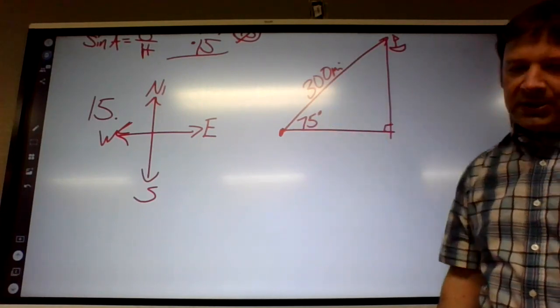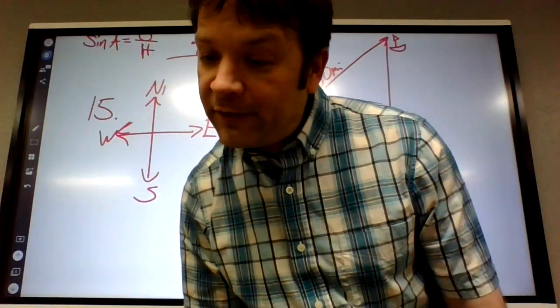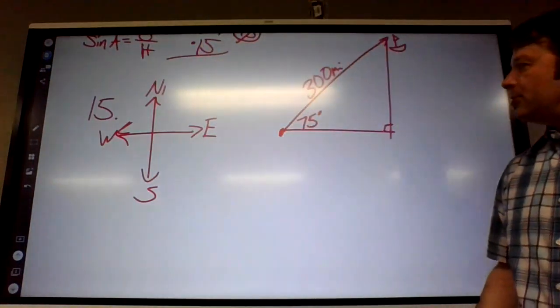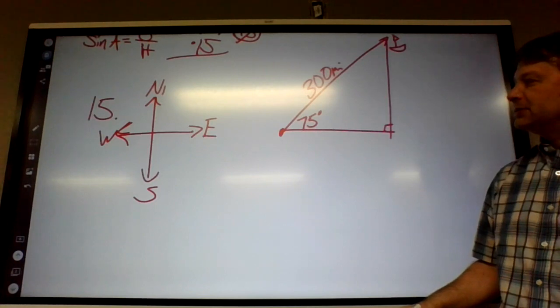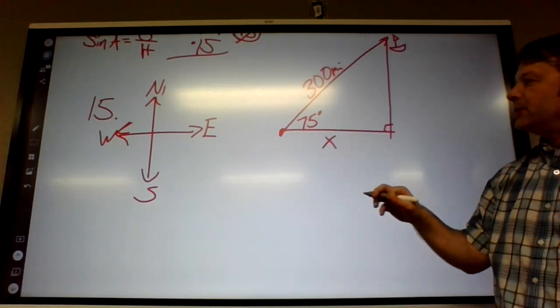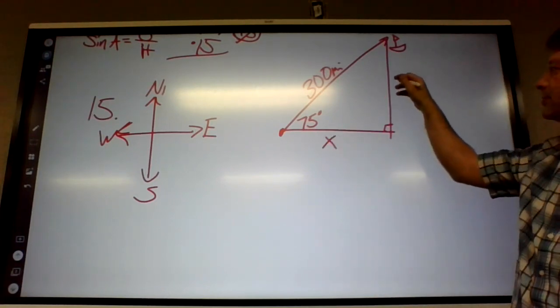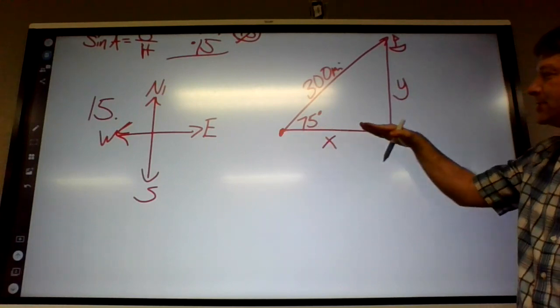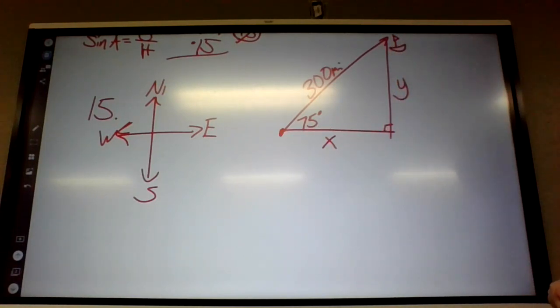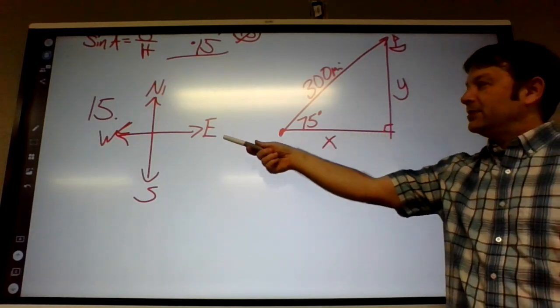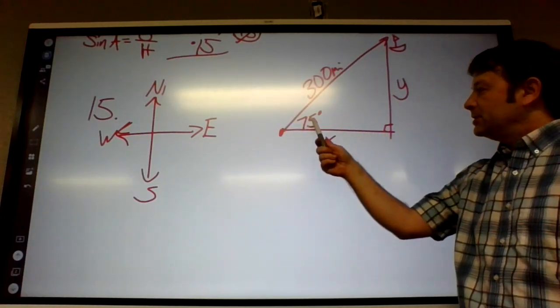And what are we looking for? That is the question. How far east, how far north? So what would the east line be? This one, I'll call it X. What would the north line be? That one. This is how far east they went. This is how far north they went. Okay, so it's kind of like the last problem doubled.